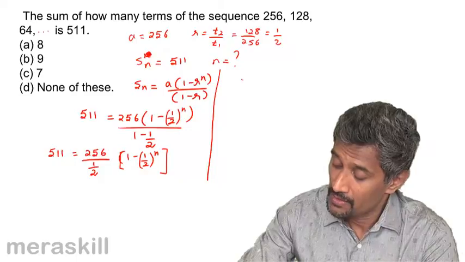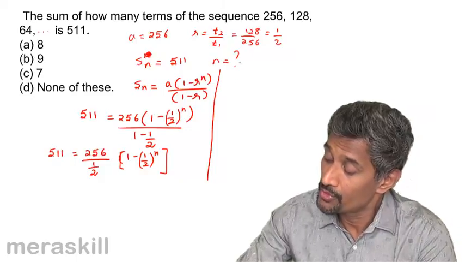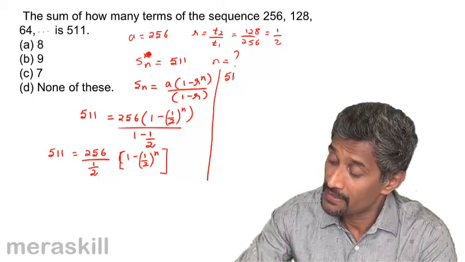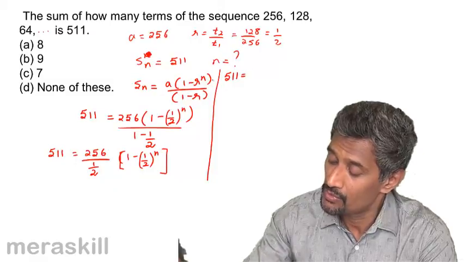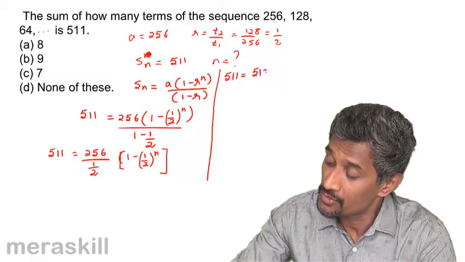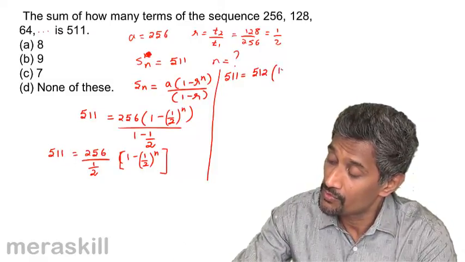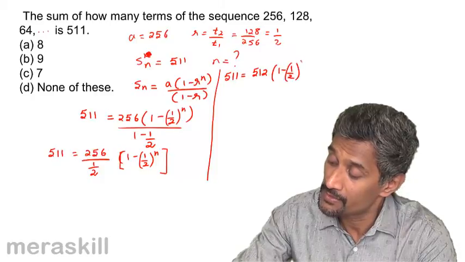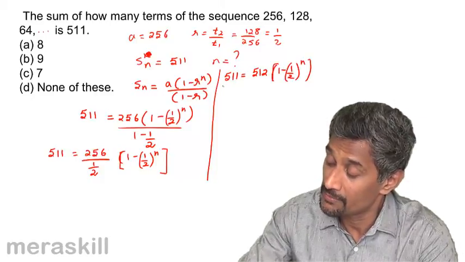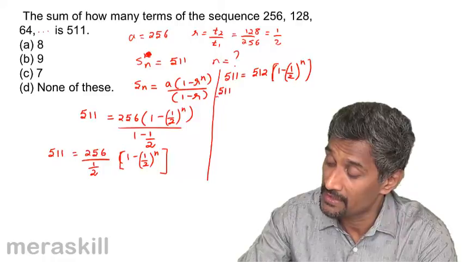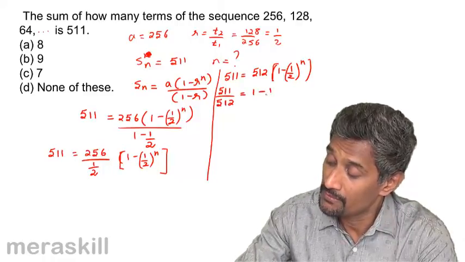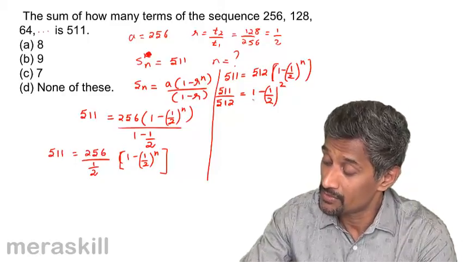So you have 511 is equal to 512 into 1 minus half raised to n. So that means this will turn out to be 511 upon 512 is equal to 1 minus half raised to n.